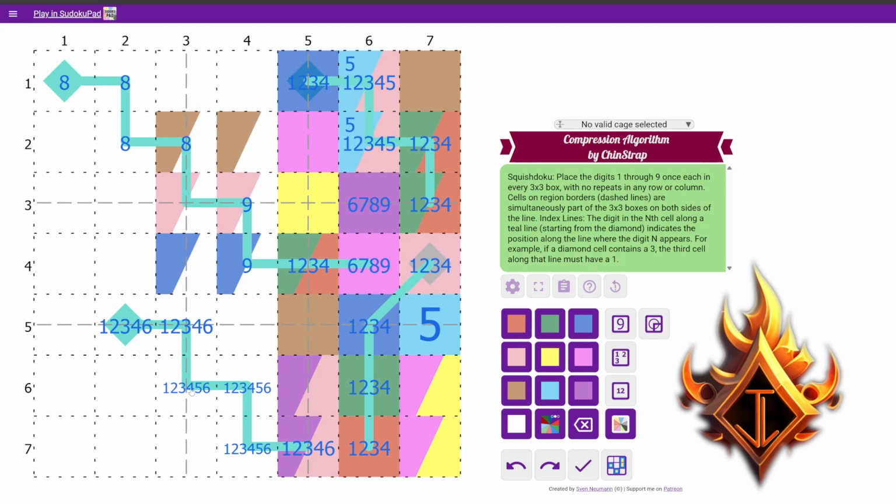5. So we got a light blue down here. Purple is 6, 7, 8, or 9. Light pink is 1, 2, 3, 4. Okay. Can't take anything out of there yet.